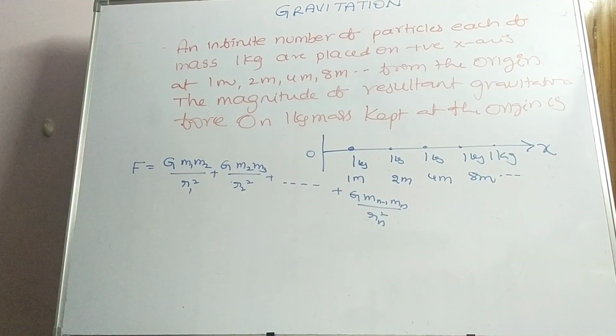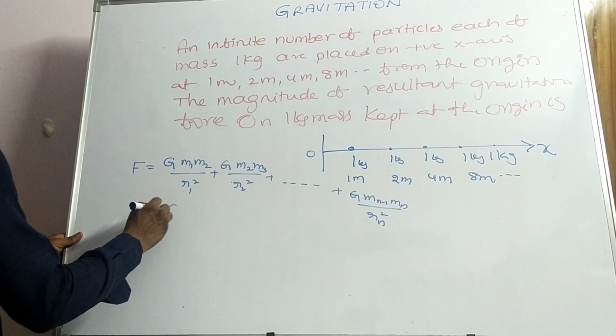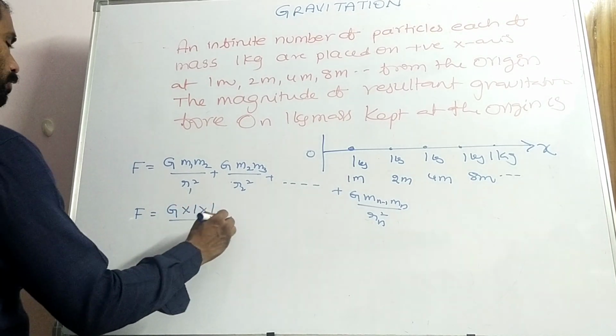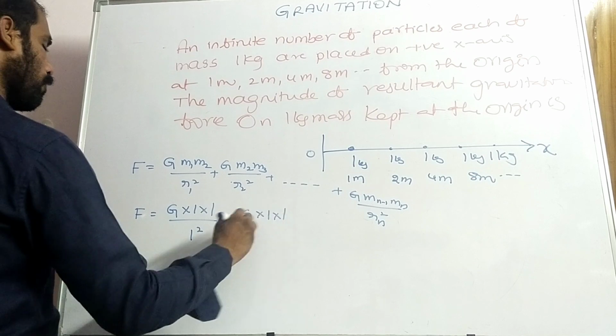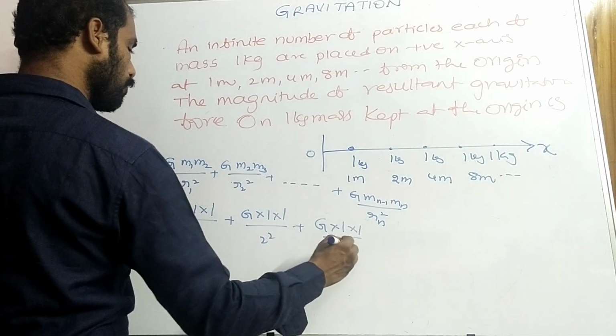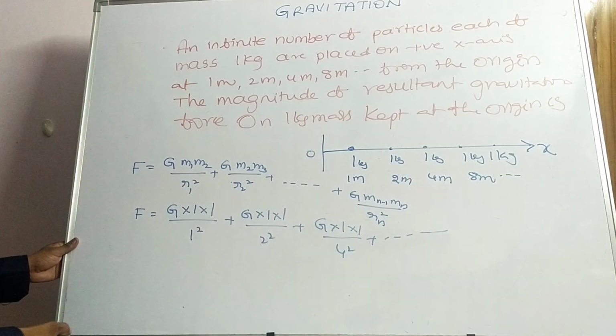Of course, it's nothing but a geometrical progression. It can be written as F is equal to G into 1 into 1 by 1 square plus G into 1 into 1 by 2 square plus G into 1 into 1 by 4 square plus and so on.